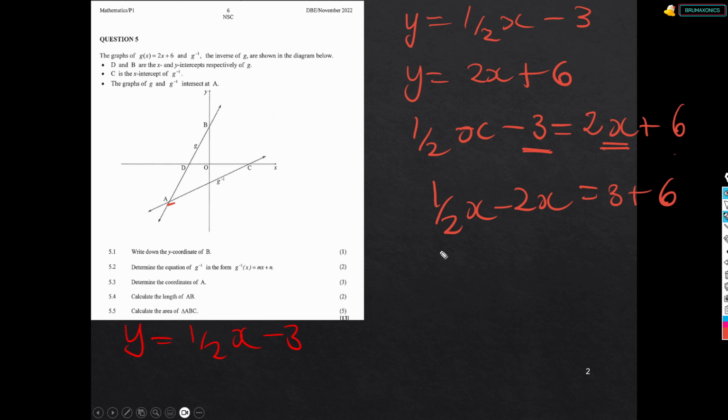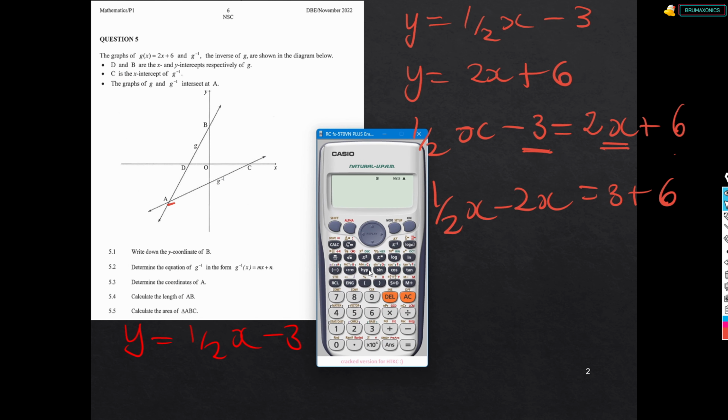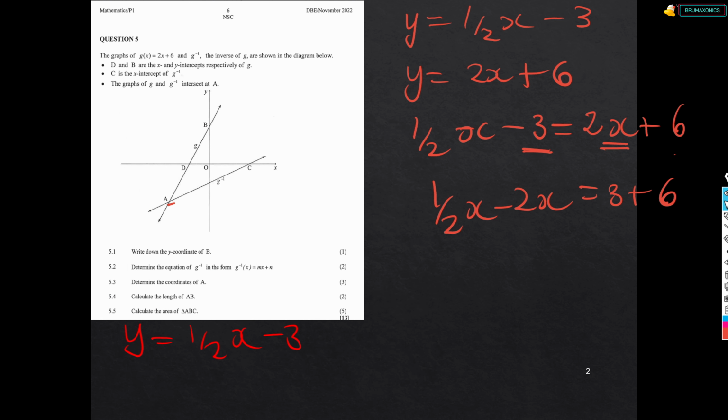And then with that, it means that now half minus 2 will give us negative 1.5. And if you want to use the calculator, you can just put in 0.5 minus 2, and this will give you negative 3 over 2.